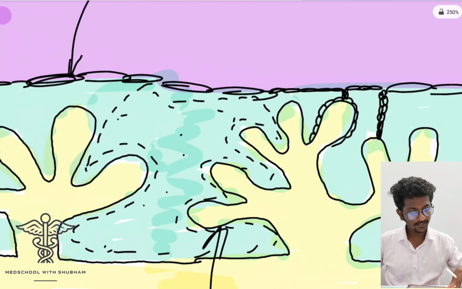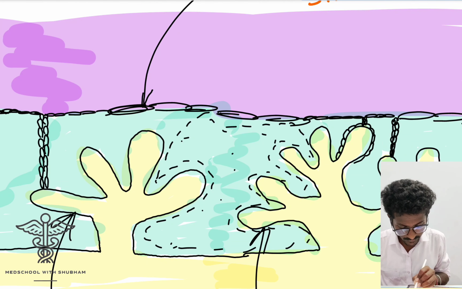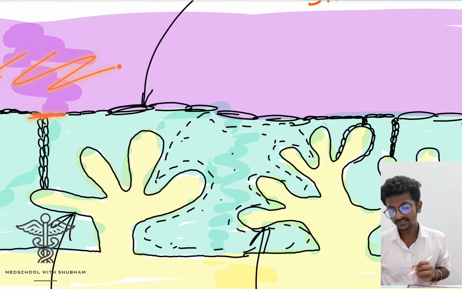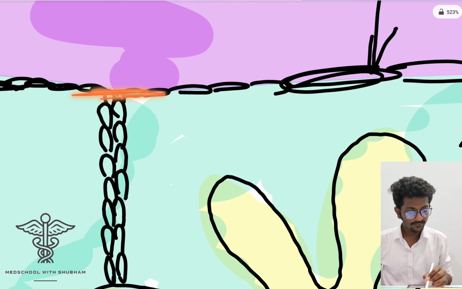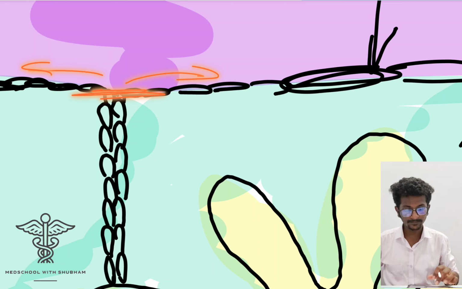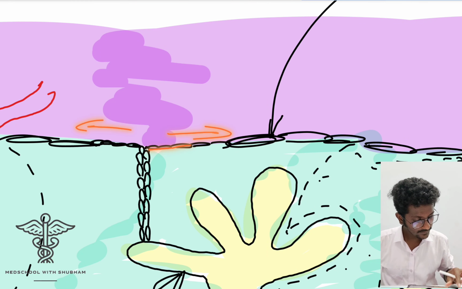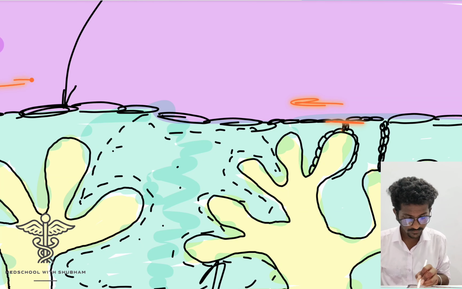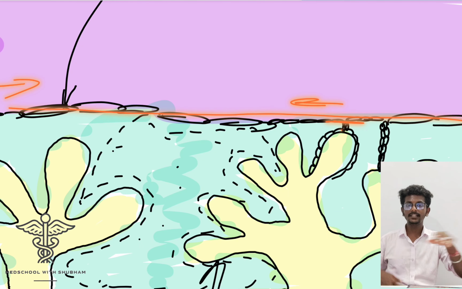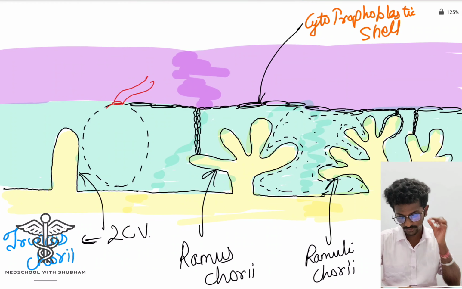Then the cytotrophoblastic cells will proliferate in the upward direction, and when they reach the junction between the decidua basalis and the syncytial trophoblast, they will get bifurcated in two directions. Similarly, when it reaches here, it will form a physical barrier or a shell between the decidua basalis and the syncytial trophoblast.